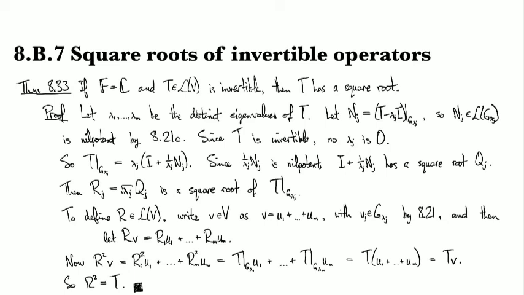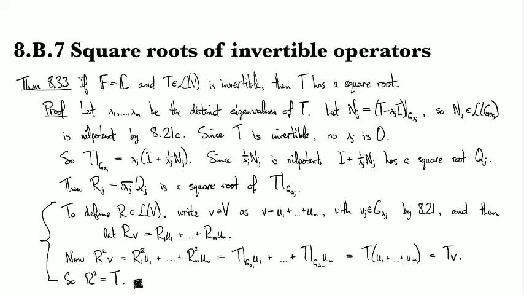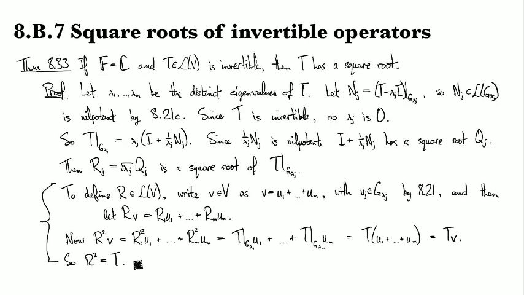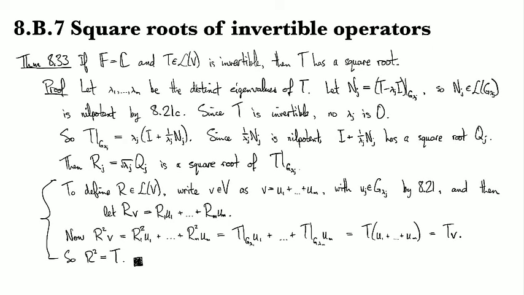Now, note that this part here, where we're checking R on the level of vectors, we have to do it on the level of vectors because we're not in an inner product space, in which case we could take a shortcut.